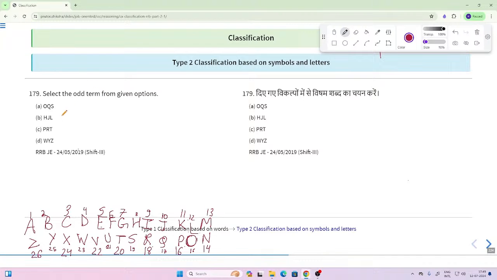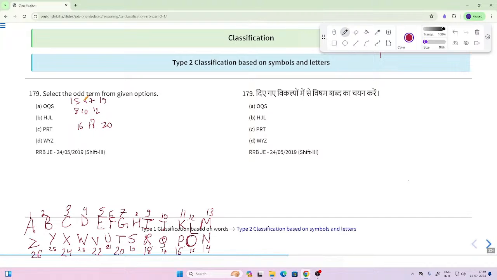OQS, SJL, PRT. O is 15, Q is 17, plus 2, S is again plus 2, 19. H is 8, J is 10, L is 12, P is 16, R is 18, this is 20.